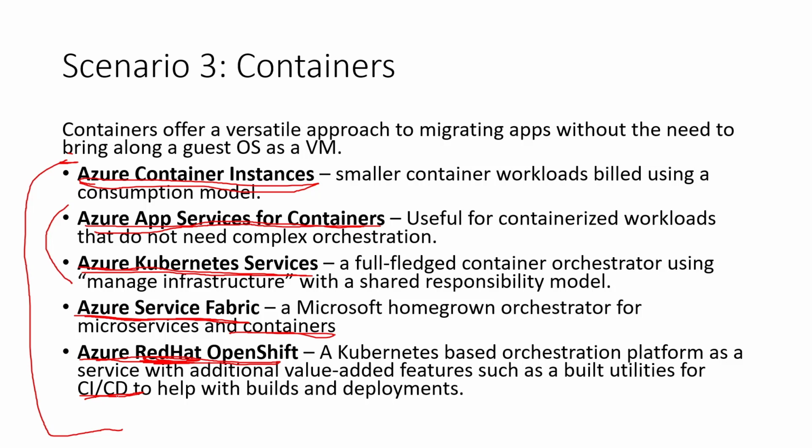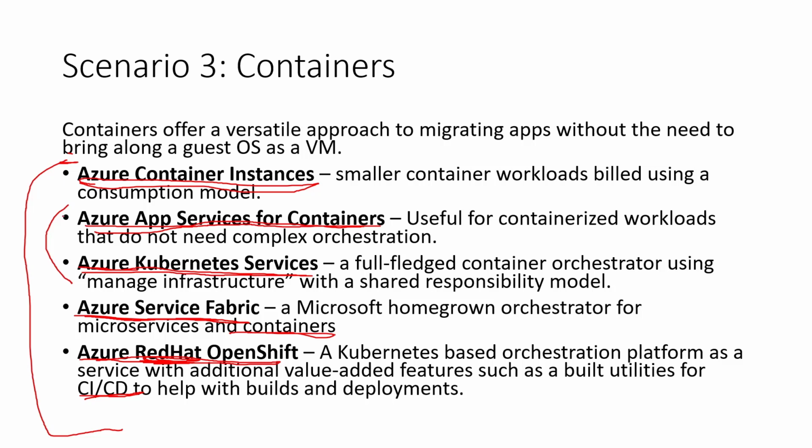So it's a useful tool if you want a full-blown orchestration engine plus all your DevOps stuff to go along with it. That's what Red Hat OpenShift brings to the table as value-added services to a standard Kubernetes deployment. And so you get a little bit more of a managed experience with OpenShift. Kubernetes services, like I said, managed infrastructure.